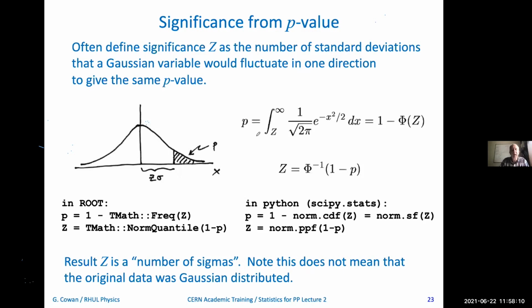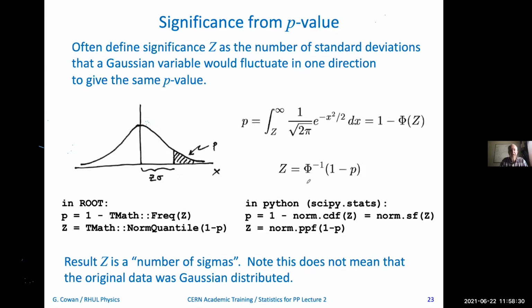So the p-value is equal to 1 minus capital phi of Z. So capital phi of Z is just 1 minus that integral. And so you can then solve that for Z if you have access to the inverse function of the cumulative distribution. It's just phi inverse of 1 minus p.